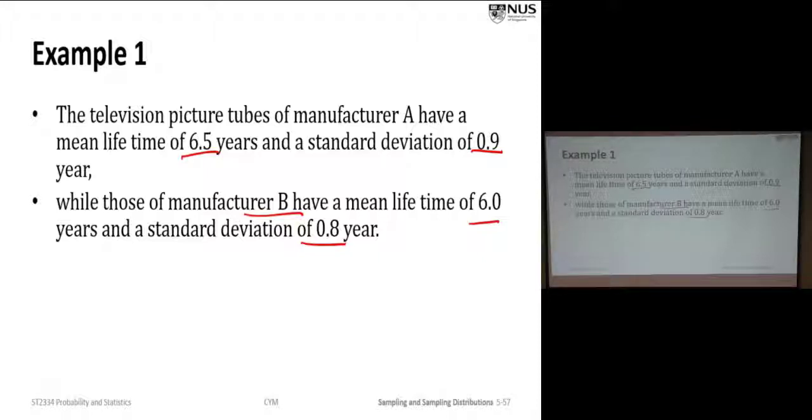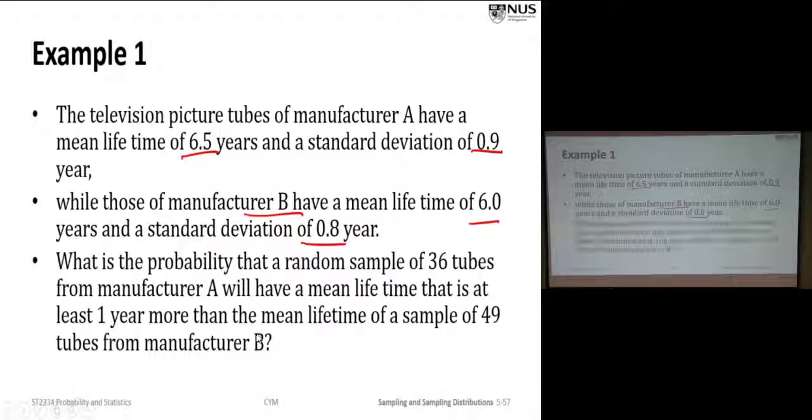These examples just illustrate how to compute the probability by making use of the information about the distribution. We're asked: what is the probability that a random sample of 36 tubes from manufacturer A has a mean lifetime at least 1 year more than that of a sample of size 49 picture tubes from manufacturer B?